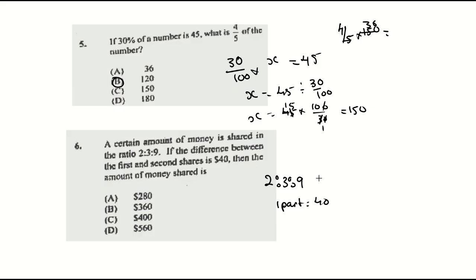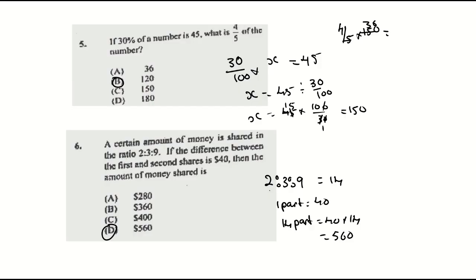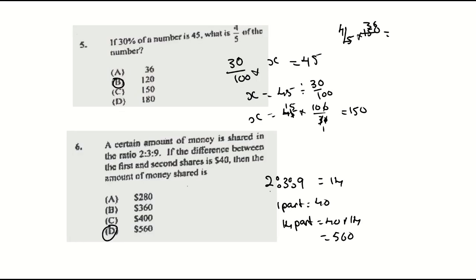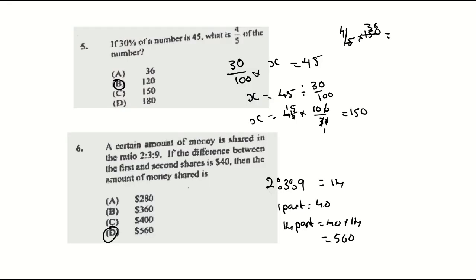The total amount shared was 14 parts, because 2 plus 3 is 5, 5 plus 9 is 14, so 14 parts would be 40 multiplied by 14, and we got 560. Do you remember this question, guys? They did give you the exact same question, they just changed the numbers and the words. They had names for it, and they said that one person got some number of parts more than another, I don't know the exact wording, but it was similar. Right, so that is the end of May, June.